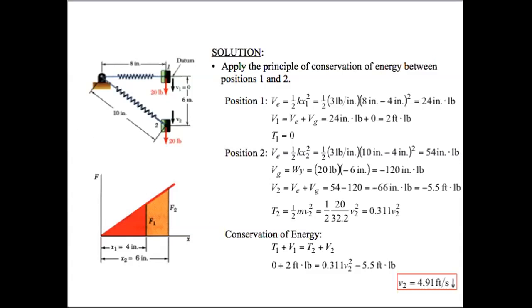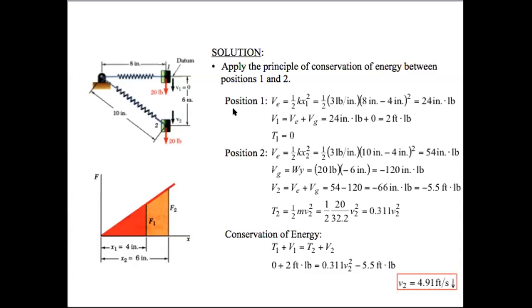Now we apply the principle of conservation of energy between position 1 and position 2. First, we have to define our datum. I choose position 1 as the datum. We have to write the elastic and gravitational potential energy at position 1, and as you can see, the initial kinetic energy at position 1 is 0.